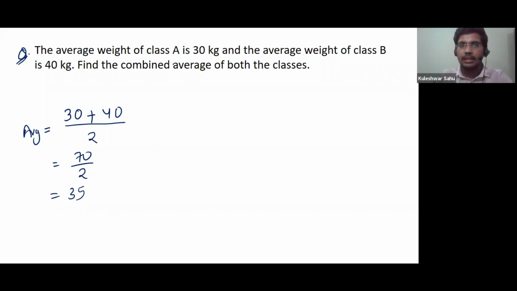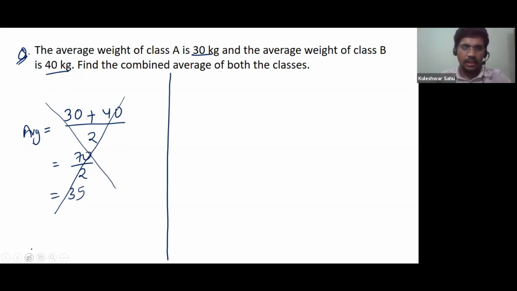But here, this 30 and 40 are not just individual numbers, they are averages. And we cannot find the average of averages with this method. So what we're going to do, we'll be introducing a new concept which is known as weighted average.